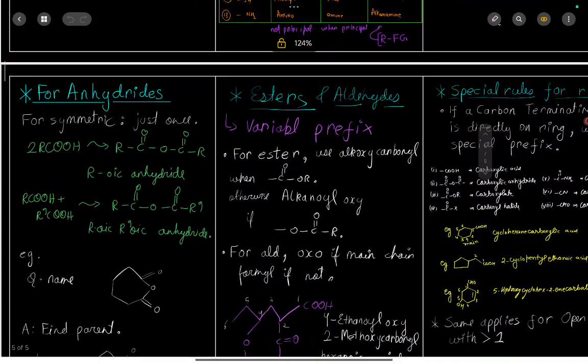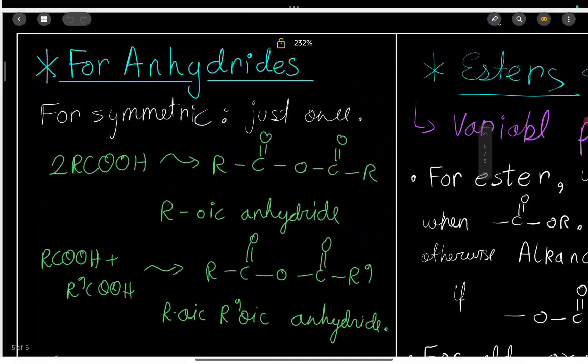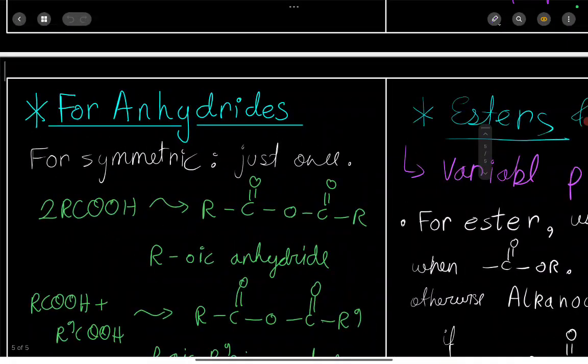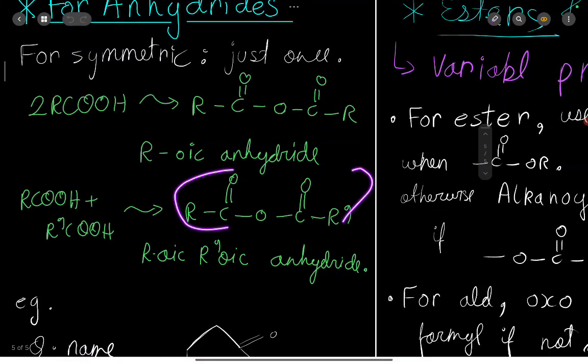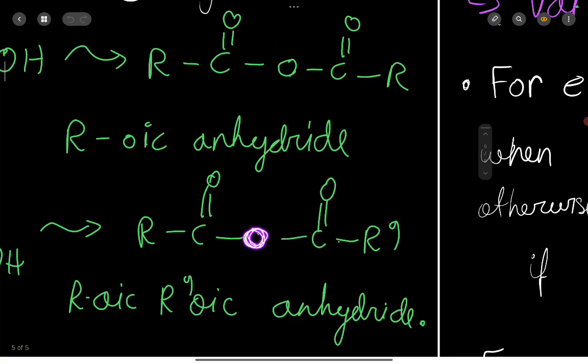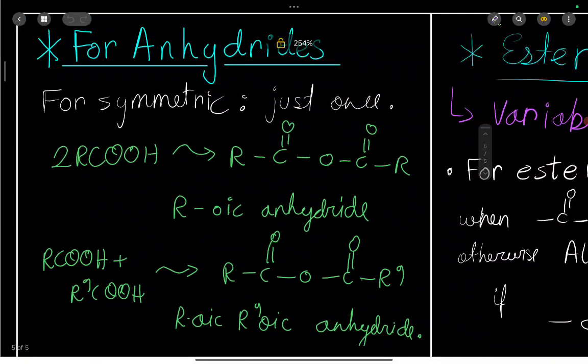Now there are special rules for anhydrides. This is the basic structure of an anhydride, more generalized. There will be an oxygen atom connected to 2 carbonyl groups like this, and those 2 carbonyl groups will be connected to 2 alkyl groups.